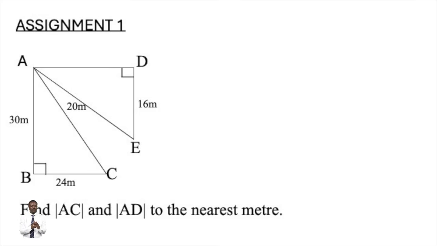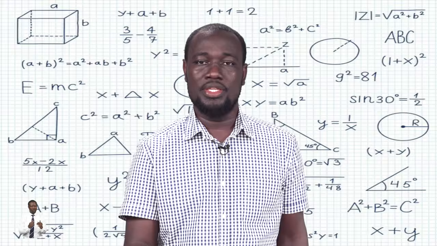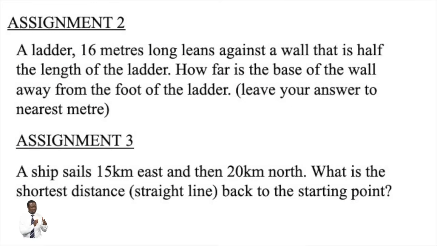Draw them quickly and work them at your own pace and in your own time. Assignment 2 and 3 are real-life applications. So let's read them together. A ladder 16 meters long leans against a wall that is half the length of the ladder. How far is the base of the wall away from the foot of the ladder? Leave your answer to the nearest meter.